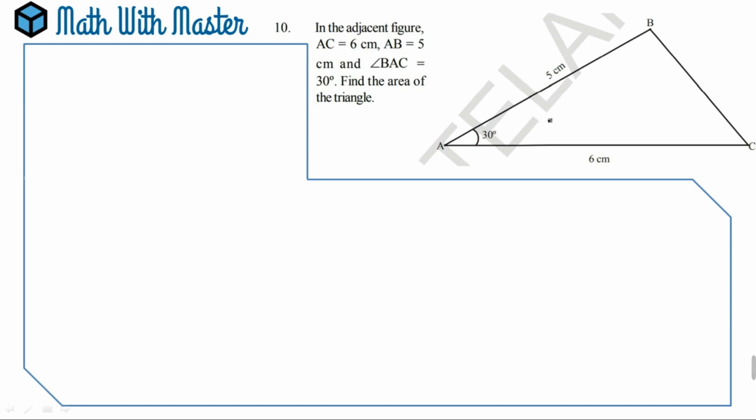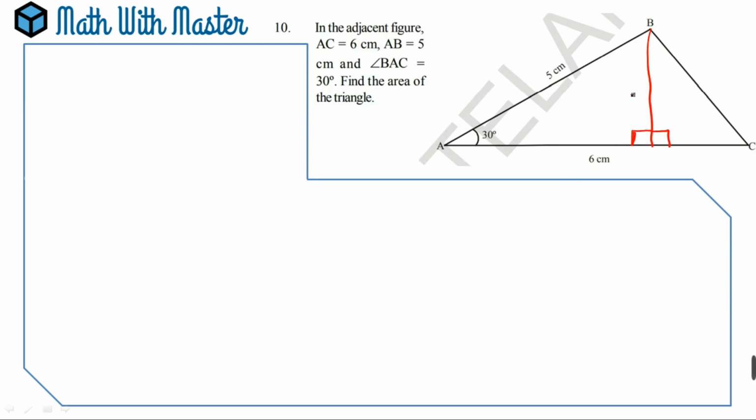So to do this, the first thing we should do is take a line segment over here and draw a perpendicular line so that this will bisect it both sides with 90 degrees. Perpendicular bisector.